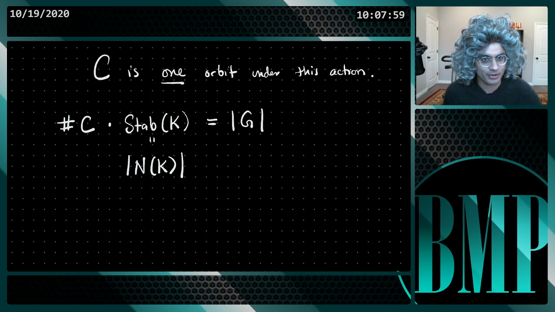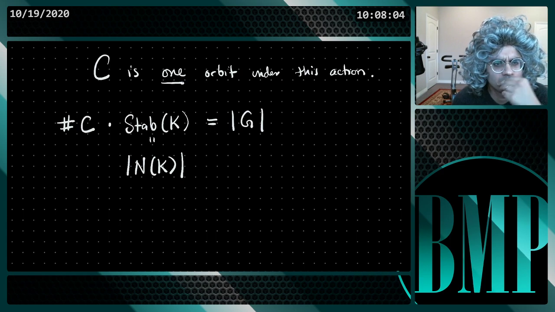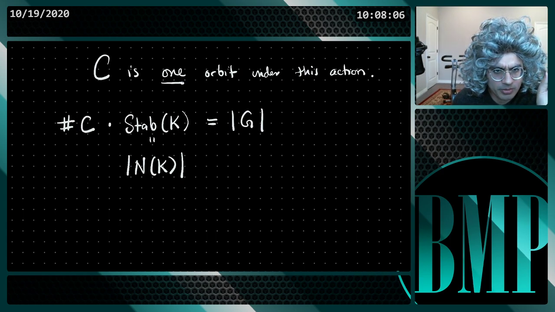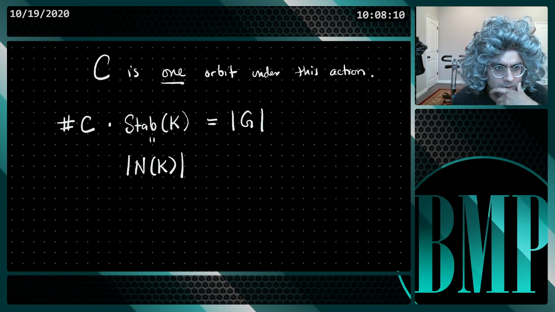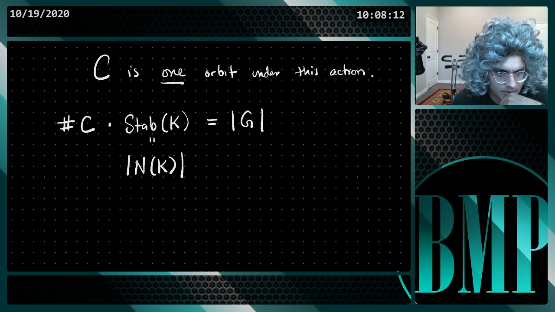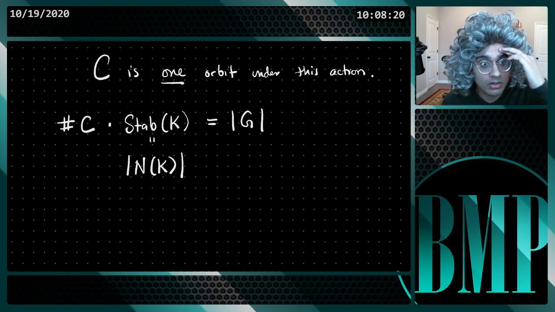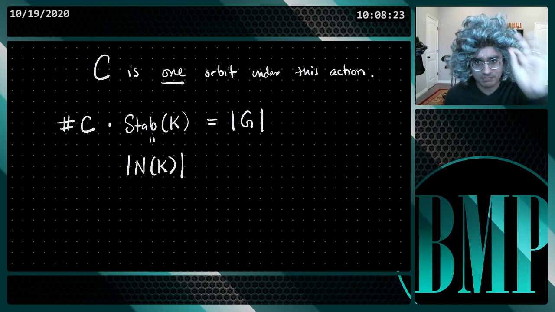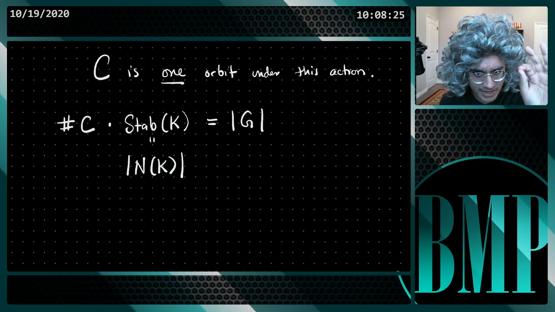I thought I had it, but hold on. C is one orbit. We're pretending that the size of C is divisible by the prime P. Oh. Okay. Ready? Okay.